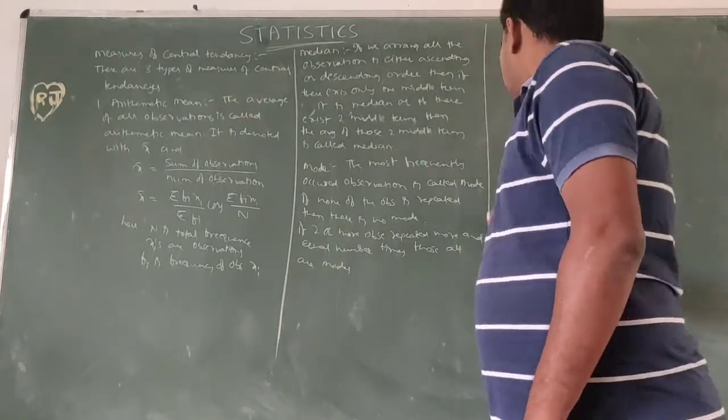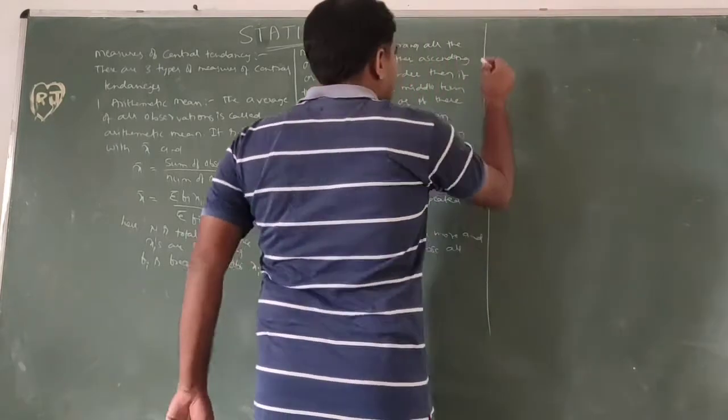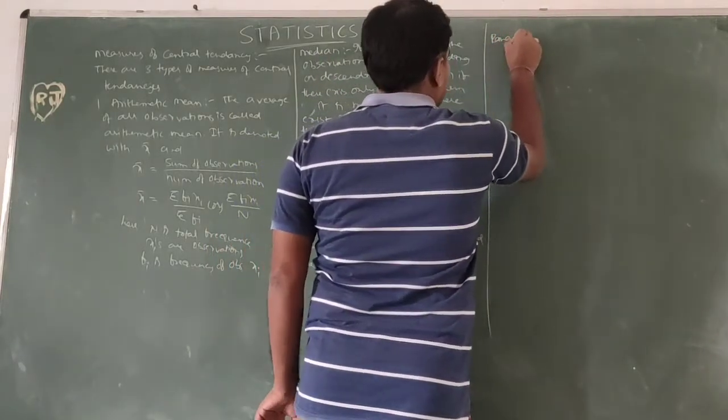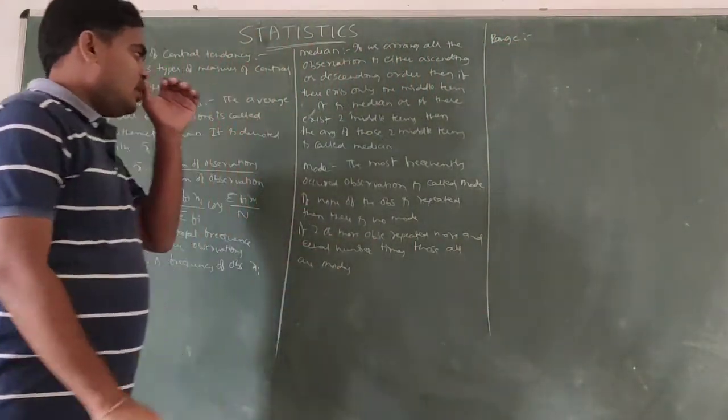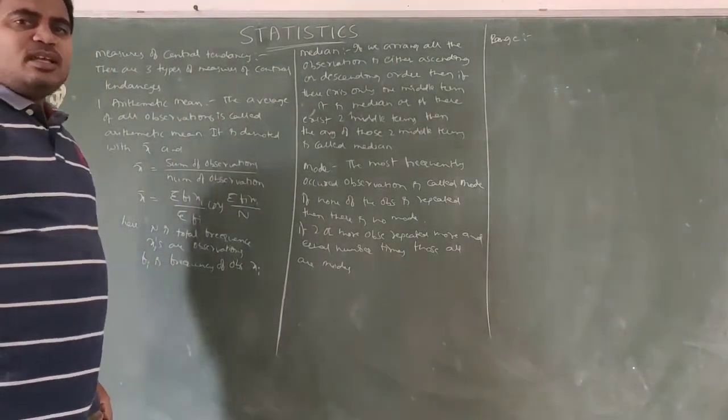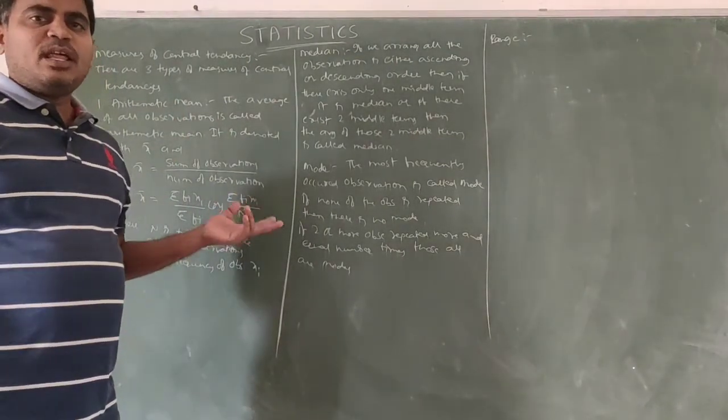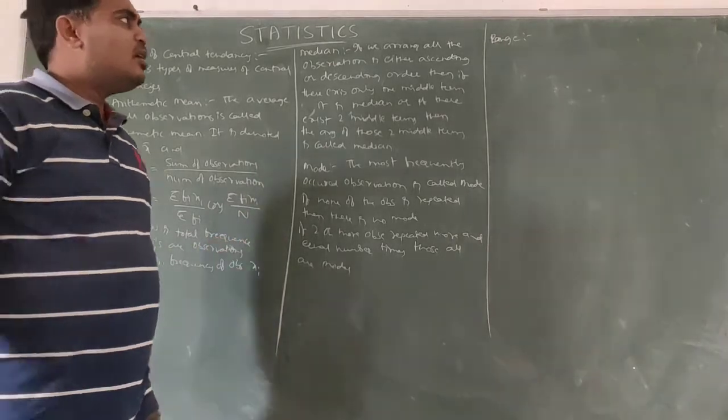Next, range. Range is nothing but, in the given data, the difference between maximum and minimum value is called range.